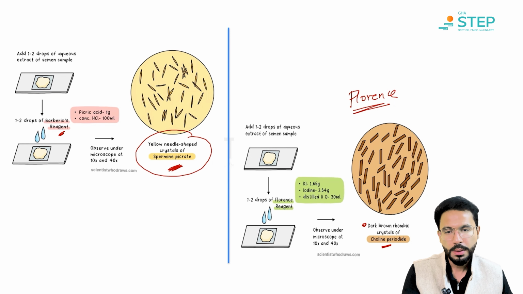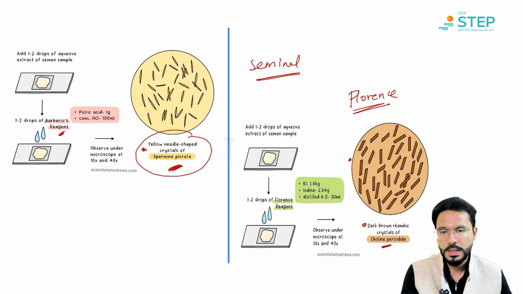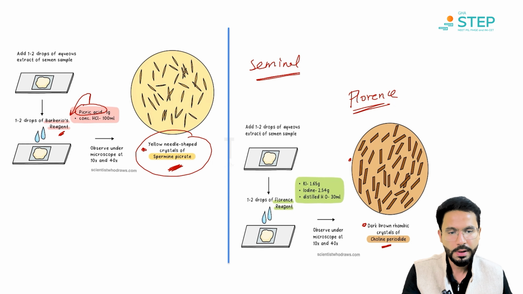So remember, two tests are there, Barberio and Florence, for seminal contents, and Barberio will show you yellow needles, whereas Florence will show you dark rhombic crystals. Barberio test uses picric acid, so the picric acid test is also called Barberio test, whereas a Florence test detects choline.